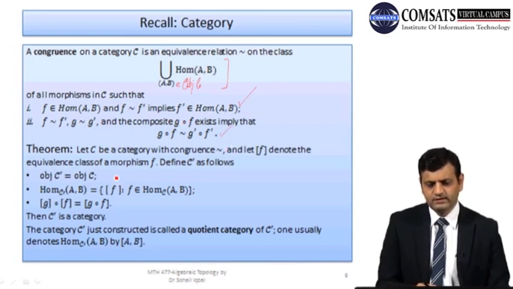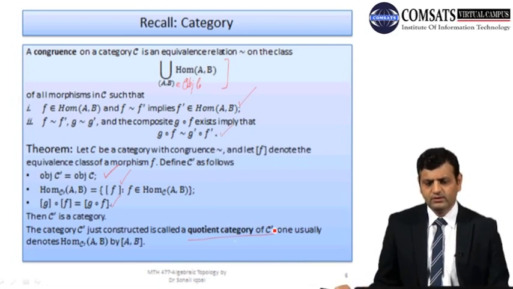Now if we define another category whose objects are the same as the objects of C, but the morphisms are the equivalence classes of morphisms, and composition is defined in this way, then this category is called the quotient category of C. Now we have seen that we have an equivalence relation on the morphisms of pointed topological spaces.